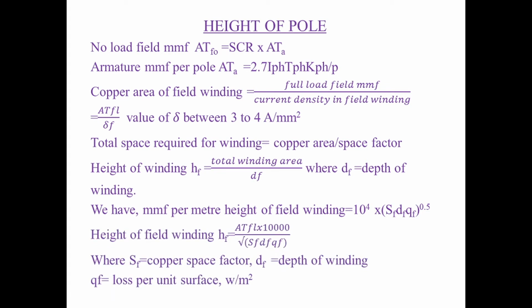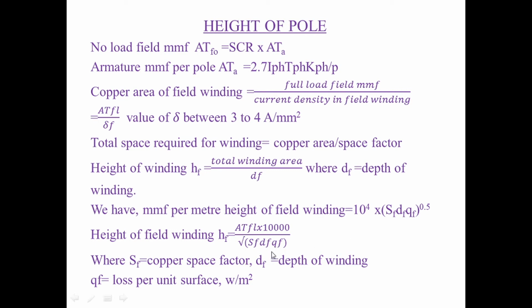So height of the field winding HF can be calculated as ATFL divided by the MMF per meter height, that is ATFL into 10 to the power 4 divided by square root of SF into DF into QF.